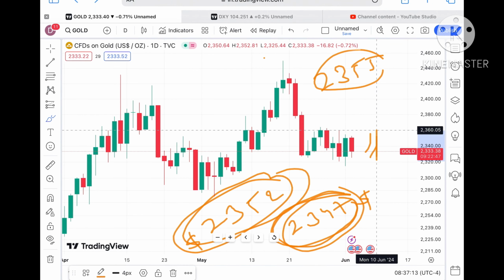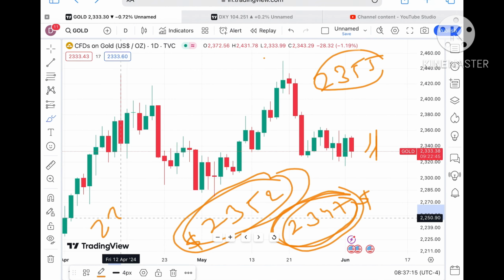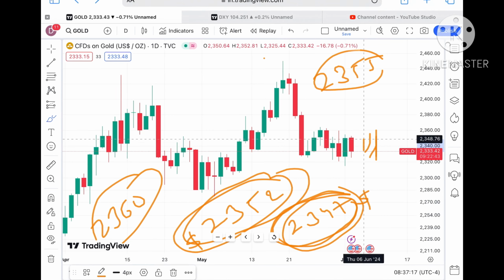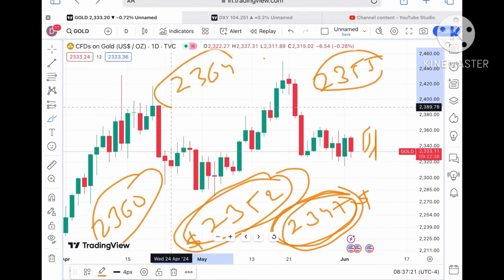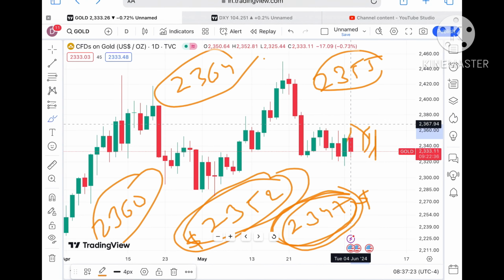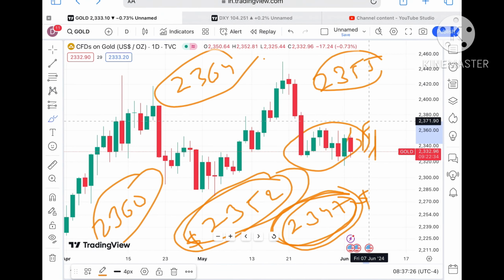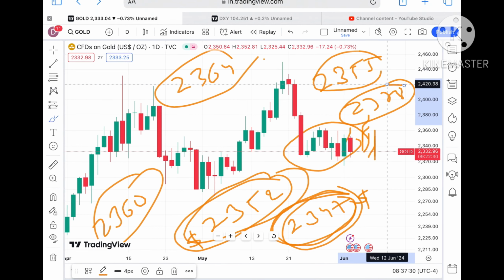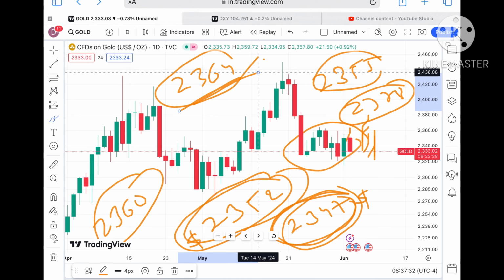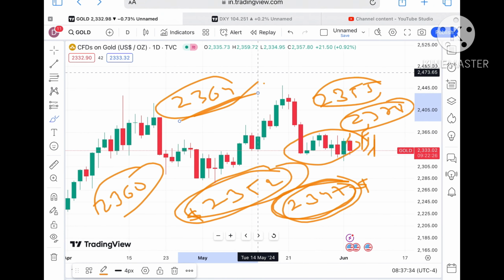Once the price goes above 2355, it can cross around 2360, which is also a weak resistance, so chances are high it will cross 2364. Then a further upside movement can be seen, and the probability is higher that it can touch 2378 after crossing 2364, because that is also being tested.